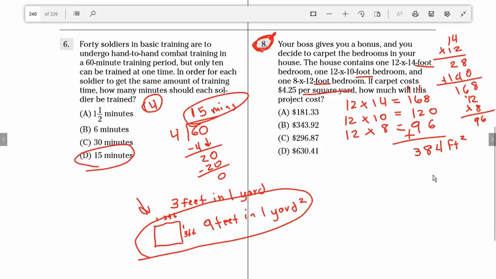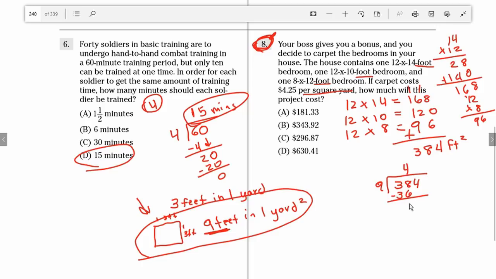So what I'm going to do at this point is use this fact that there are 9 feet in a square yard to actually convert this to yards and then multiply by 4.25. So again, I'm going to do 384 divided by 9. Okay. Does 9 go into 3? It doesn't. Does 9 go into 38? It does 4 times. 9 times 4, of course, is 36.